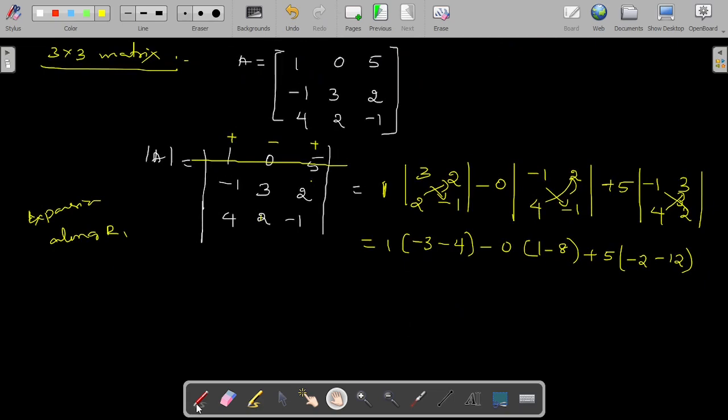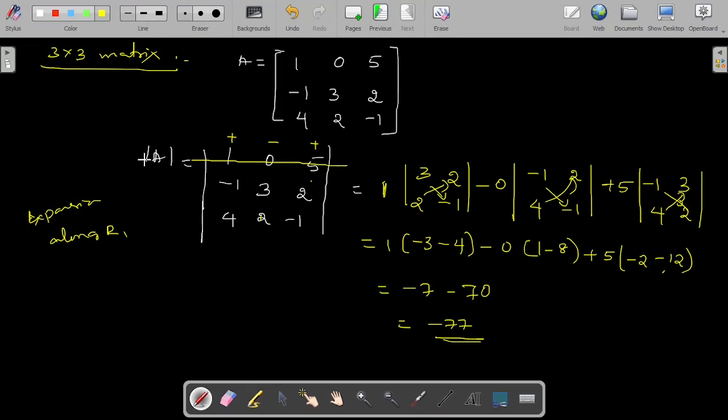So simplify this, you will get minus 7, this is anyway 0, then it is minus 14 plus 5, that is minus 70. So it is minus 77. This is the value of the determinant.